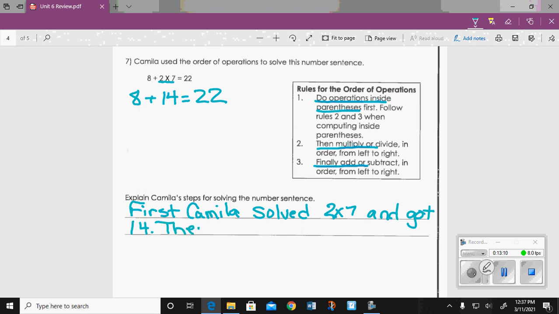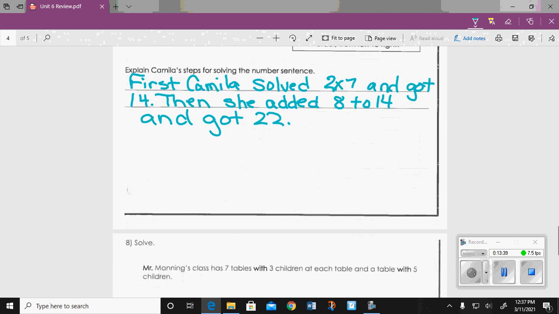Then she added 8 to 14 and got 22. Okay, boys and girls, once again, just remembering your order of operations is going to help you solve multi-step problems. All right, and then let's go on to number 8.